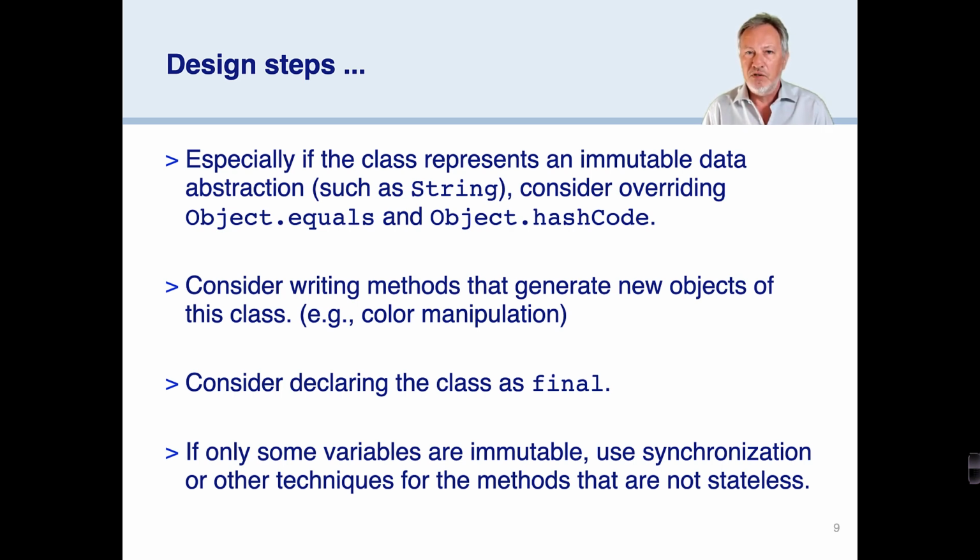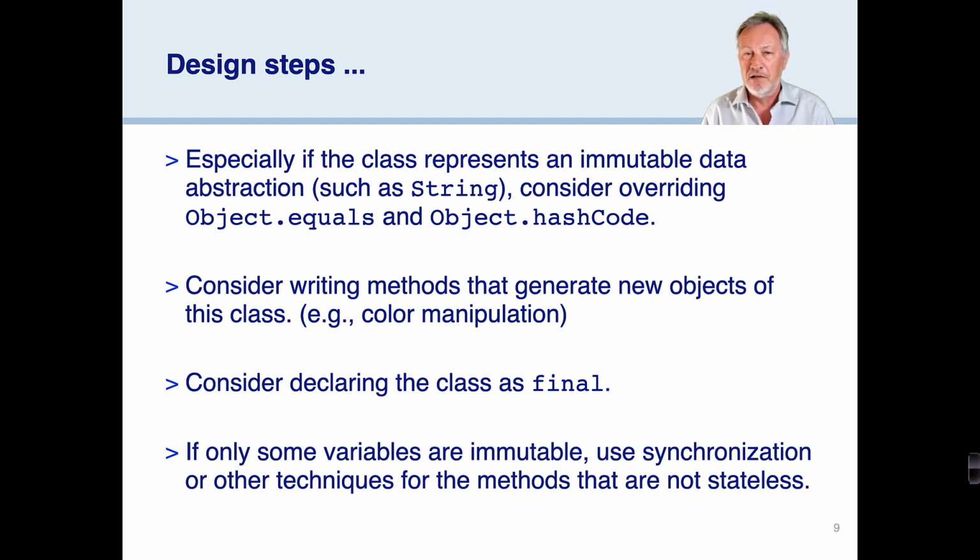Most of these languages distinguish between object identity and object equality. Object identity says two objects are the same. They are the same object. In Java, for example, the equals operator will test if two object references are identical. They point to the same object. And the equals method, which is defined in the class object, its default implementation is the same.